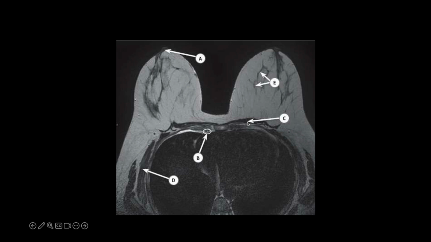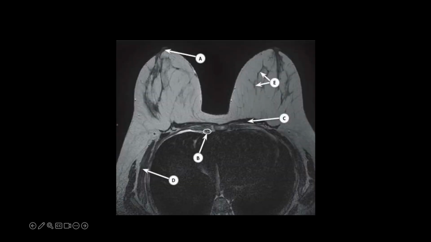C is your pec major. D is your serratus anterior. That's that muscle that overlies the ribs, immediately overlies the ribs. Remember that. And then E is your suspensory or Cooper's ligaments. And that's the end of it. So that's the summary, and those are the main structures that you need to know.